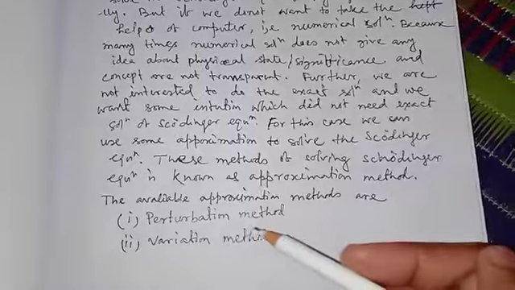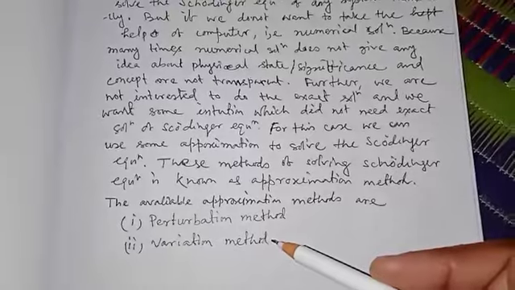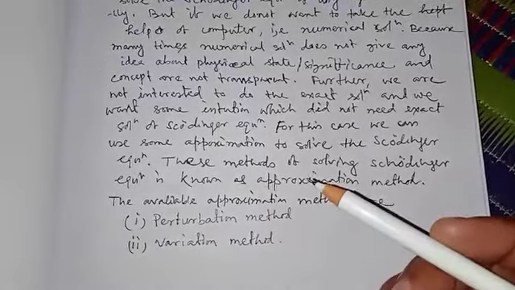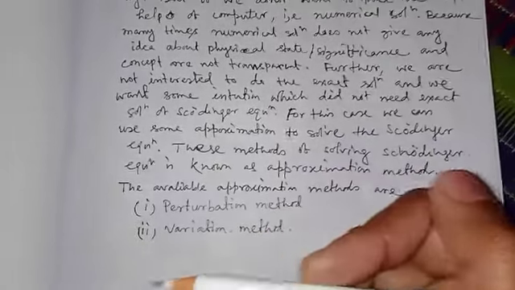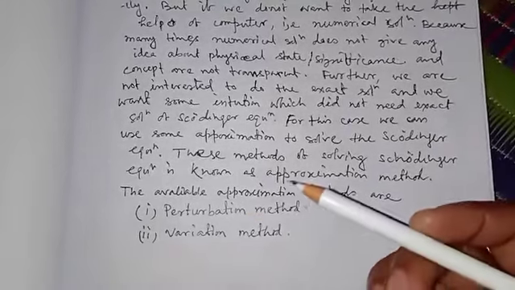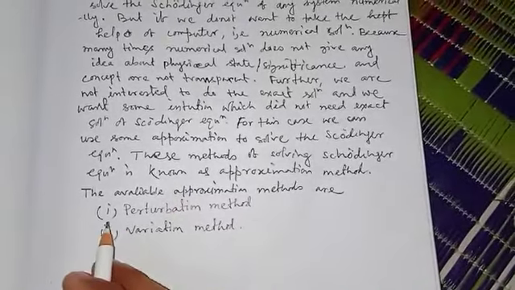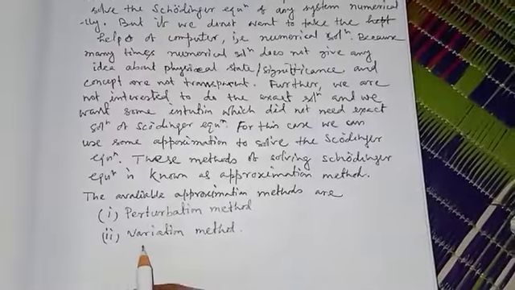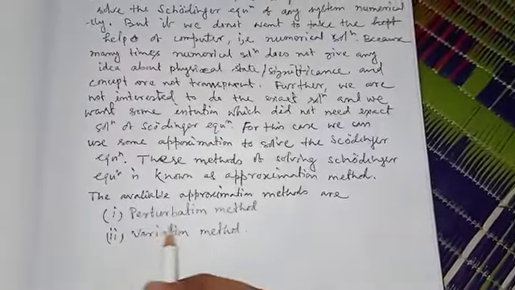We can use this approximation method to solve the Schrodinger equation of many electron systems. It can be the hydrogen molecule H2, the helium atom, sodium, and so on. Many electron systems can be solved by the variation method and perturbation method. We will not talk about the perturbation method. We will concentrate on the variation method.